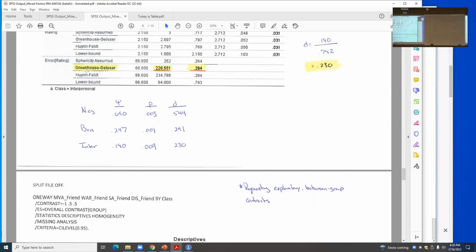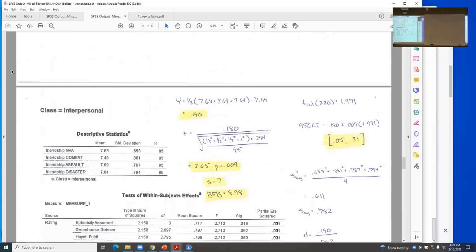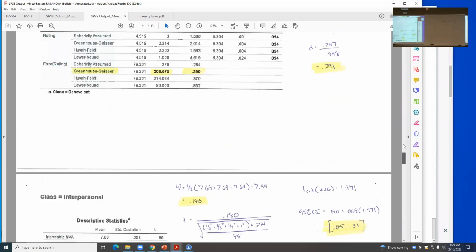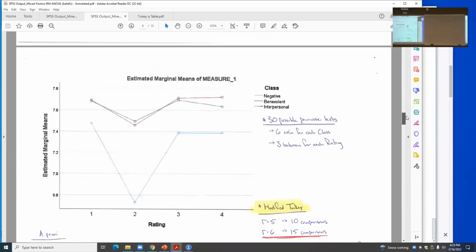These other two profiles we're seeing a little under a quarter of a standard deviation to a little under a third of a standard deviation. Here, over a half standard deviation. We're seeing a bigger discrepancy specifically for this negative profile than for the other two, which is a nice way to quantify what we're seeing here, okay?